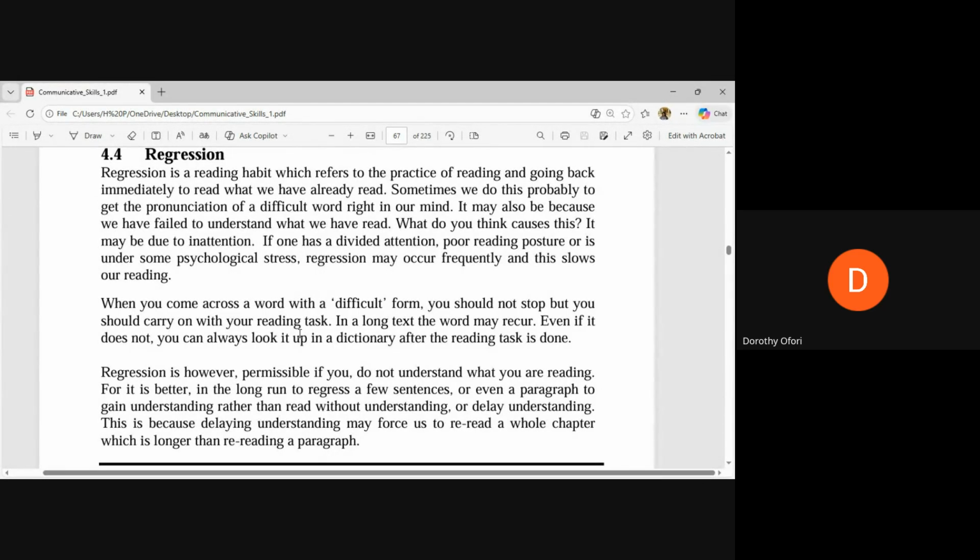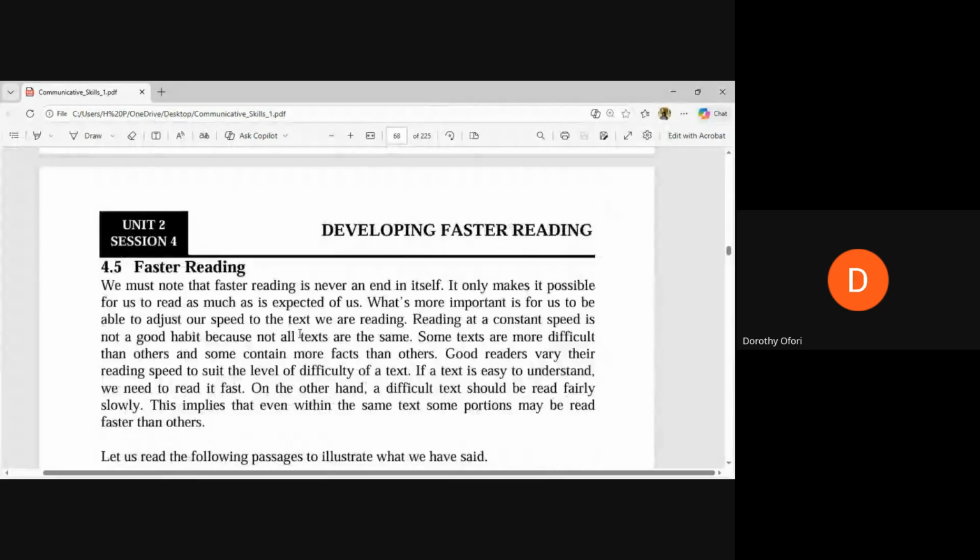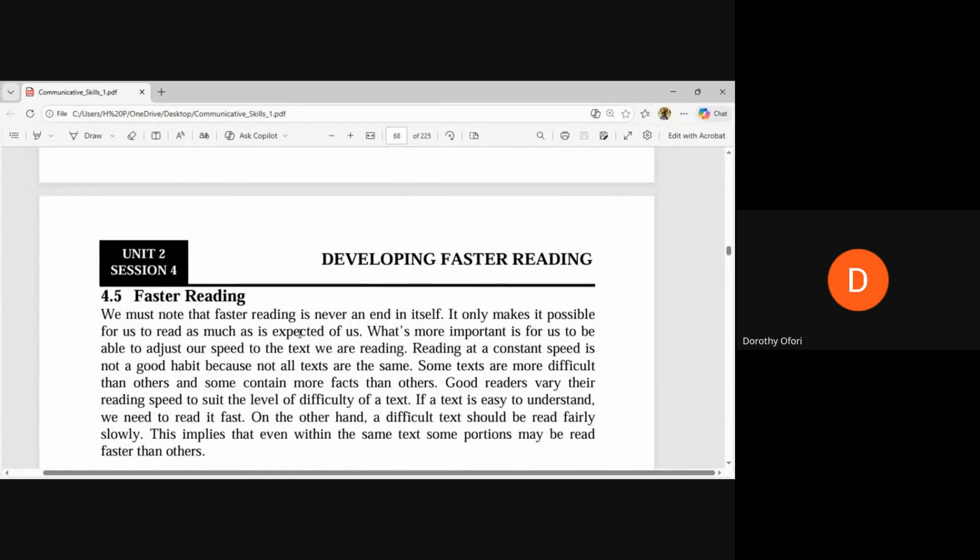Okay. Now, let's move to faster reading. One thing that we should know is that in reading fast, it is never ending. You don't read fast and you pause.